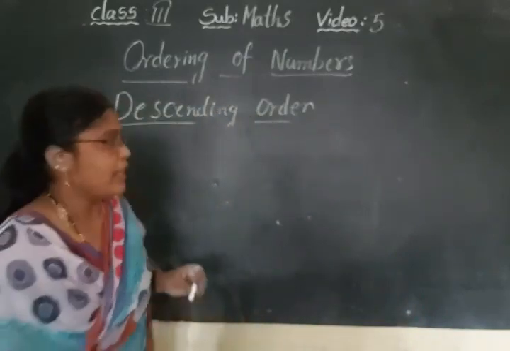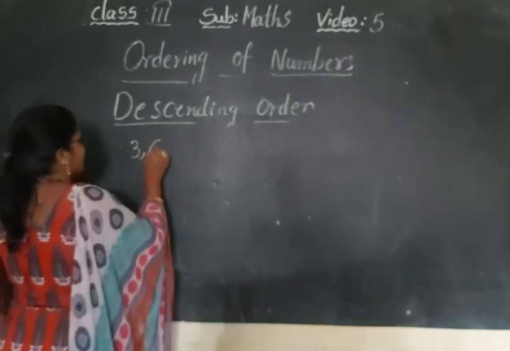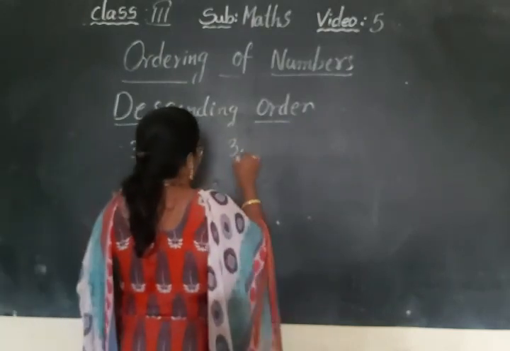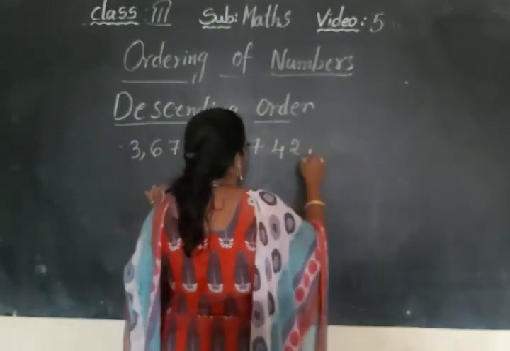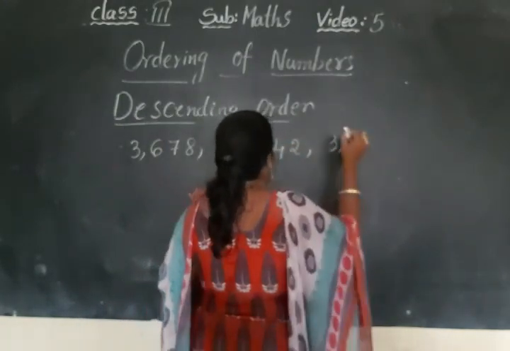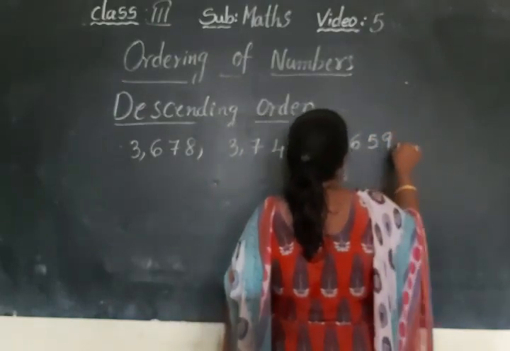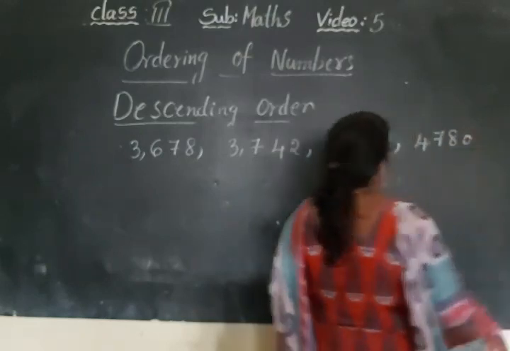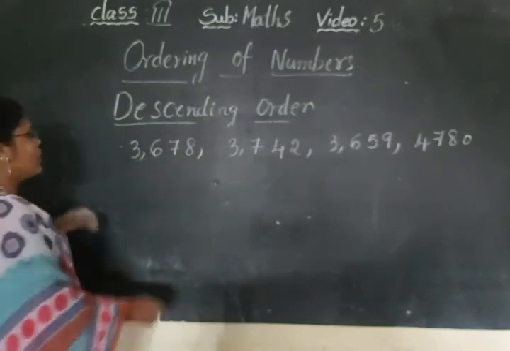Now try to compare these. See, again we have 4 digit numbers.